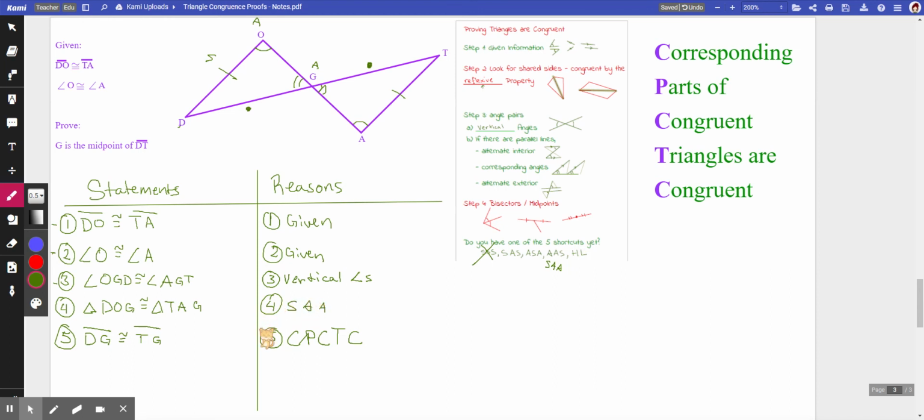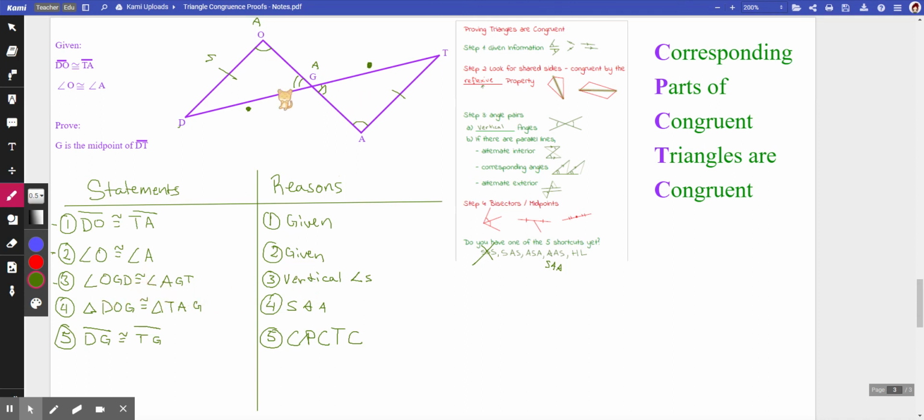Then after that, you're usually going to have a CPCTC. So you're going to have whatever statements it takes to prove the triangle is congruent. You have to have 3 statements of congruent segments and or angles, and whatever it takes to support them. So in this case, we had nice, straightforward ones. 2 of them were given, and one of them was vertical angles.